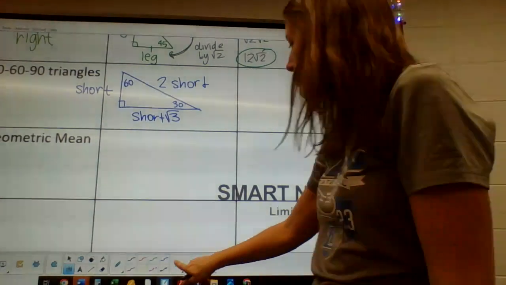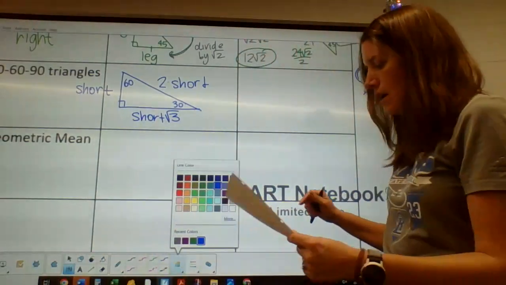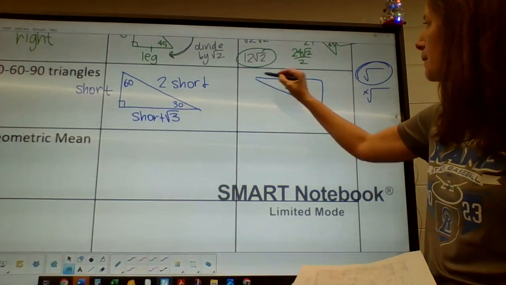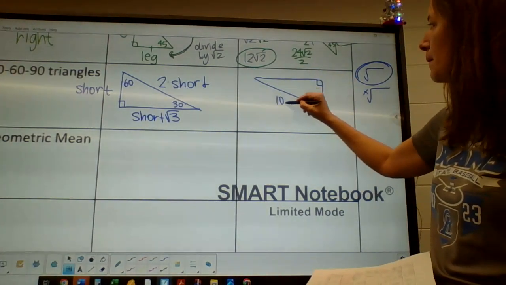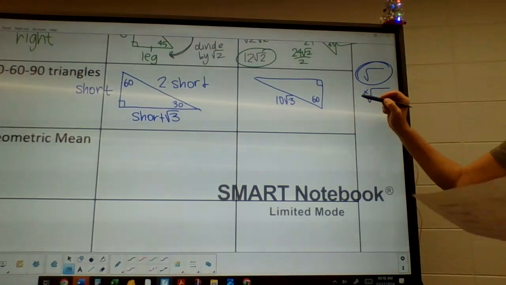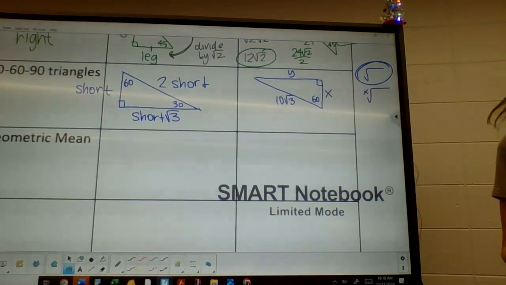So let's do, again, I'm going to try to pick one that I consider to be a little bit tougher here. I have my 30, 60, 90 here.